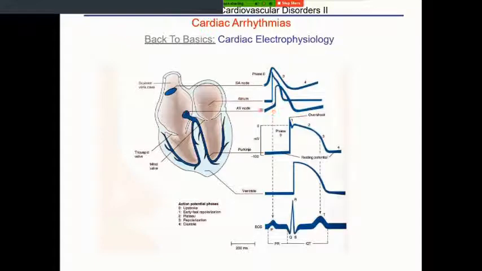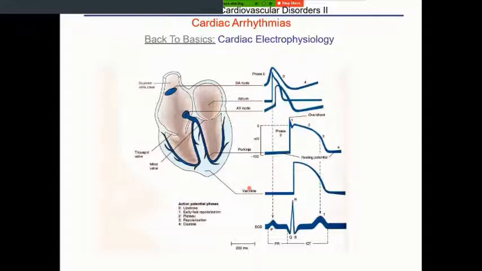All of this taken together will produce this tracing of the heart. So your SA node, atrium, AV node, Purkinje fibers, and your ventricles have their characteristic action potential phases. For the SA node, it is phases 0, 3, 4. This is for the atrium, this is for the AV node, and this is for the Purkinje fibers in the ventricular system. And then this is for the ventricle itself.